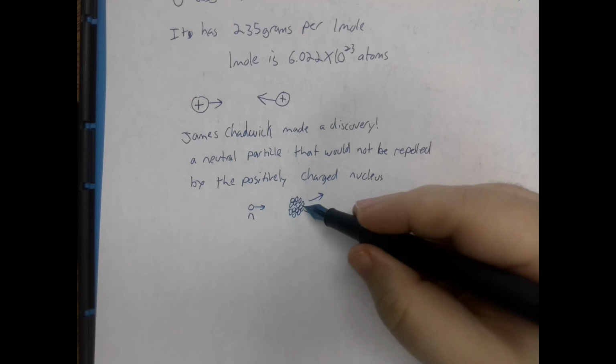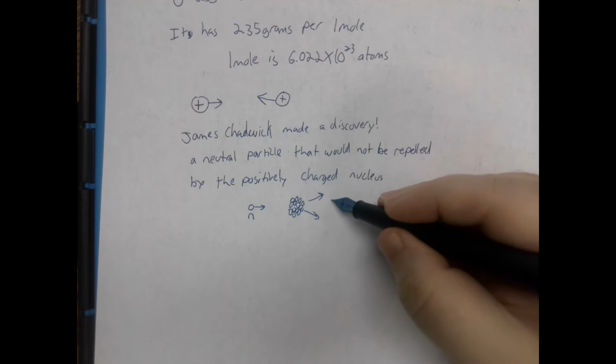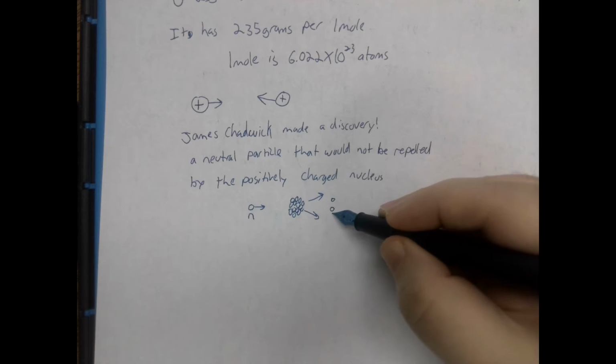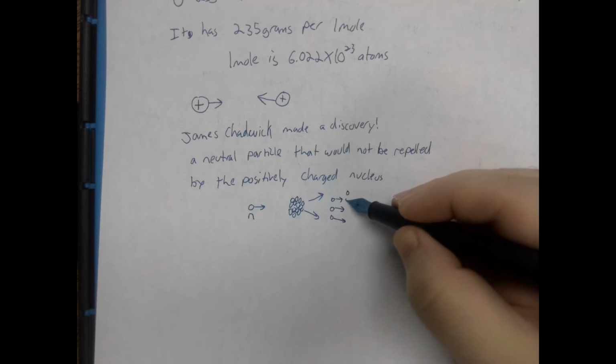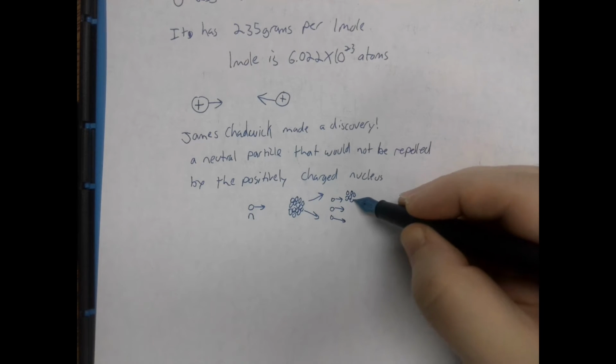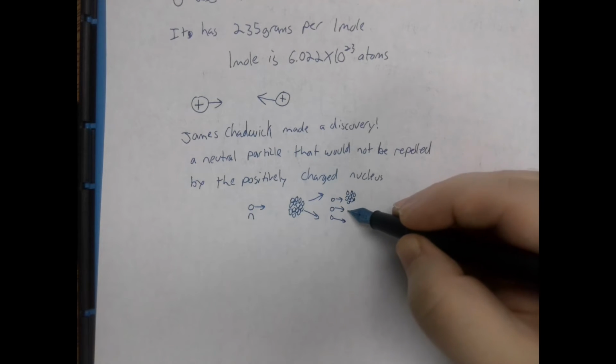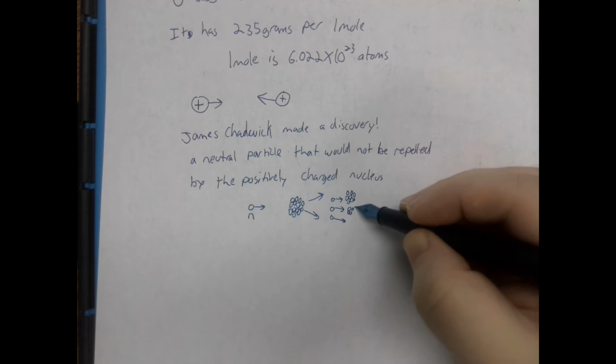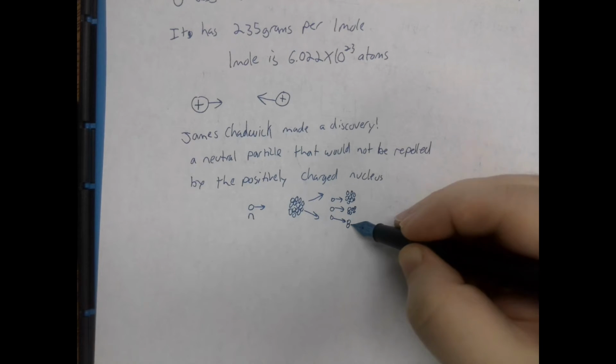And if this were to produce two or three more neutrons, these neutrons could go on and hit more atomic nuclei and split them apart.